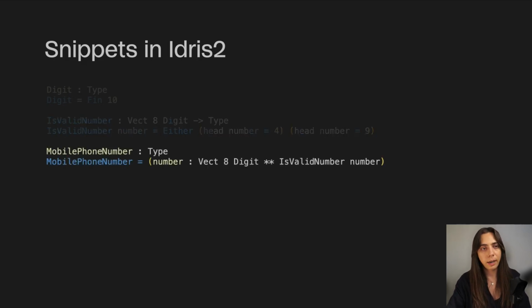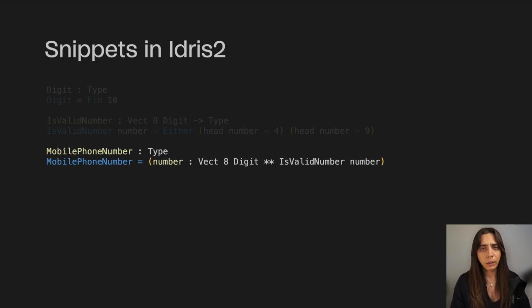So then I define my mobile phone number type, and I say it's a vector of 8 digits, and that this vector should be a valid number, meaning the head should be either 4 or 9. And this is the Idris, these two asterisks.